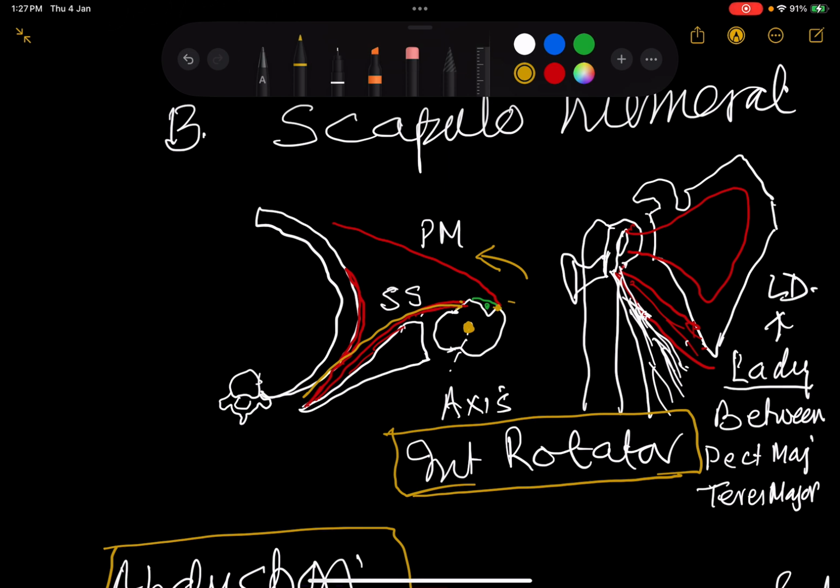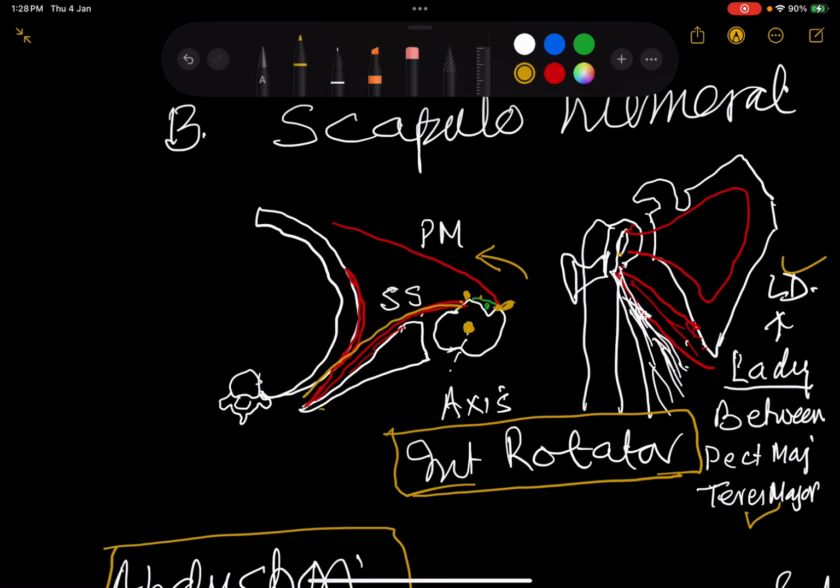If you try to see what is below the subscapularis, which will also internally rotate, then it is the bicipital groove, where there is the lady between two majors. That means latissimus dorsi and teres major will also internally rotate because they are attached. On this lip is attached the teres major. On this lip is attached the pectoralis major.